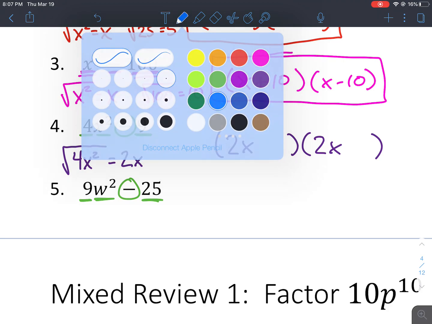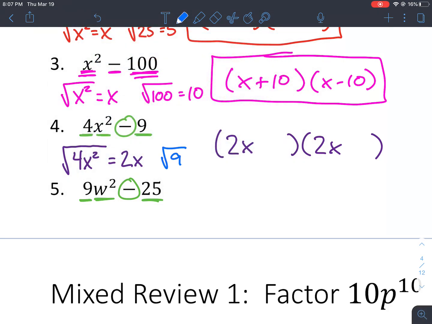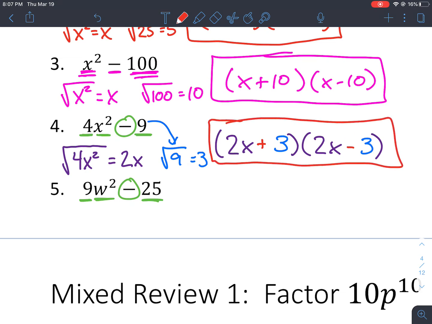Now, as far as the second term goes, I'm going to take the square root of 9, and the square root of 9 is 3. So I'm going to have a 3 at the end of each of those. And then we just want to remember to alternate our sign. Plus 3, minus 3. 2x plus 3, 2x minus 3 is our factored version of 4x squared minus 9.